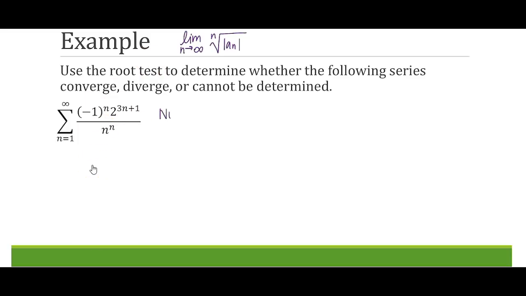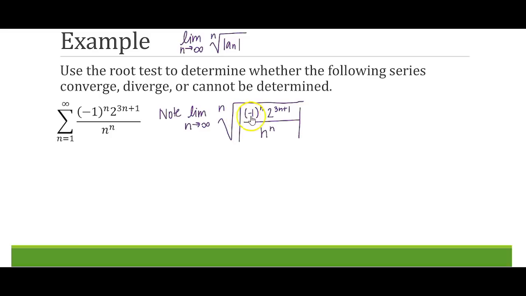Note that we are trying to evaluate the limit as n approaches infinity of the nth root of the absolute value of the general term, so the absolute value of negative 1 to the n, 2 to the 3n plus 1, over n to the n.